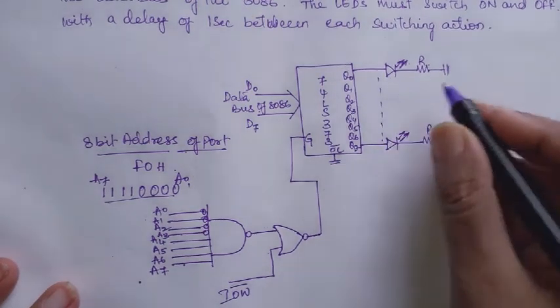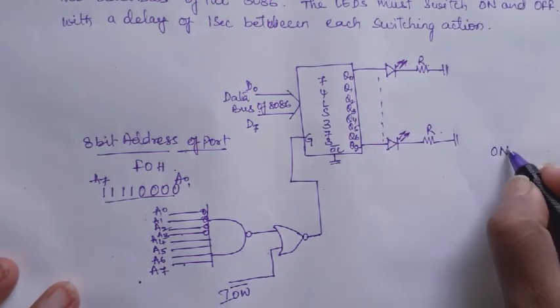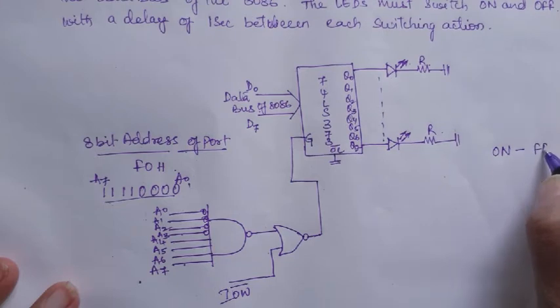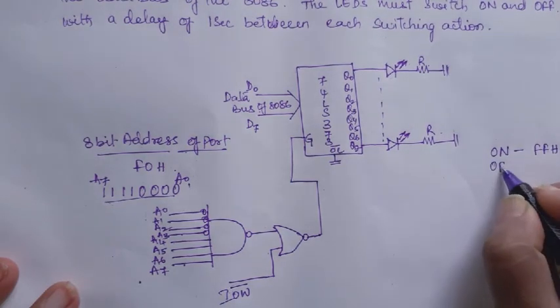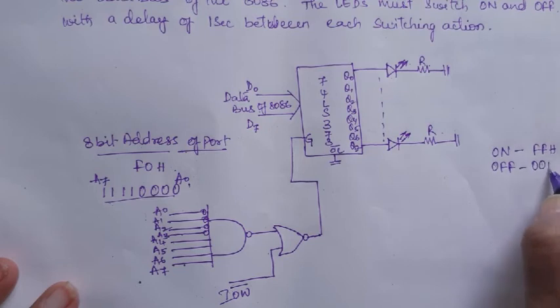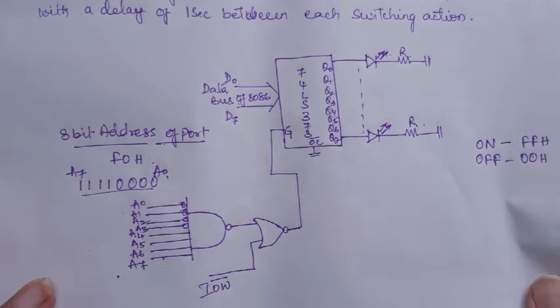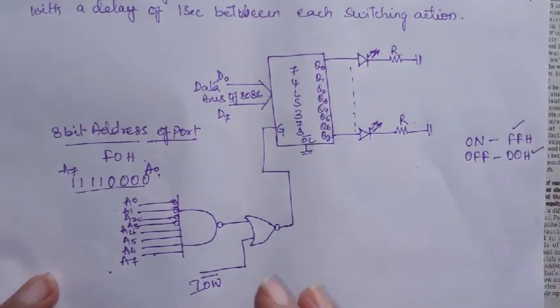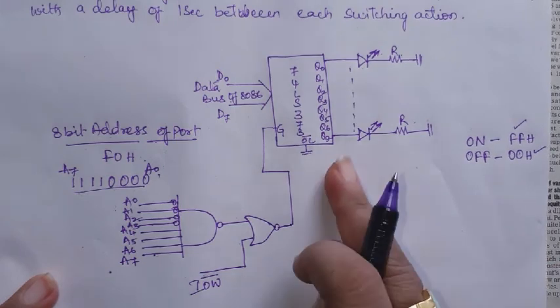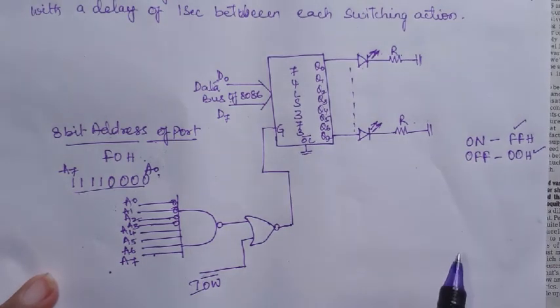So for on, the data must be FFH, and for off, the data must be 00H. This must be sent to the output port to make the LEDs on and off.